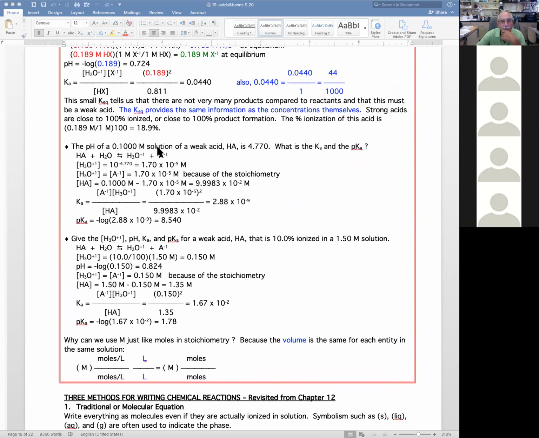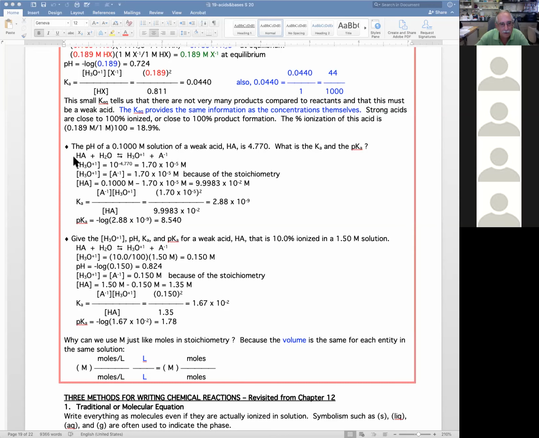So here's the pH of a solution of a weak acid. What is the Ka and the pKa? Oh, wait a minute. That means you can make a solution of an acid, measure the pH, and you can calculate all these different things. The answer is yes. So here's the reaction.